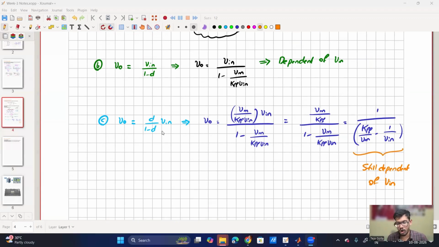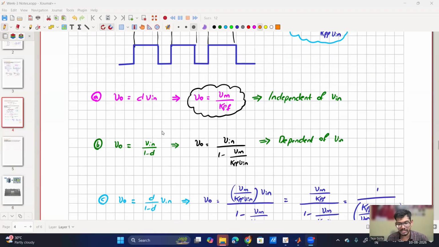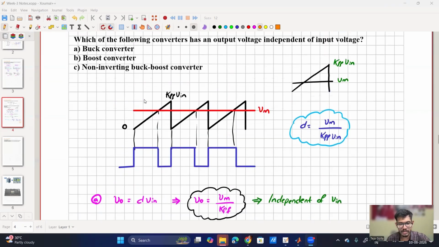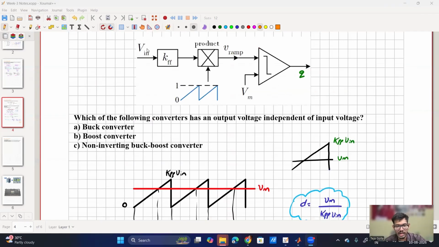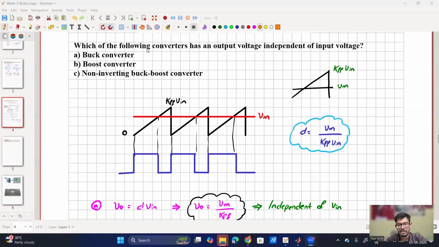So based on the objective or the aim that we want to accomplish, accordingly we can synthesize the problem backwards. In the case of buck converter, D should be proportional to 1 by Vin, which can be done directly by implementing this. But for boost converter and non-inverting buck boost converter, it will be slightly difficult. Since sir has not discussed that, let us not discuss it, but you can see the benefit.